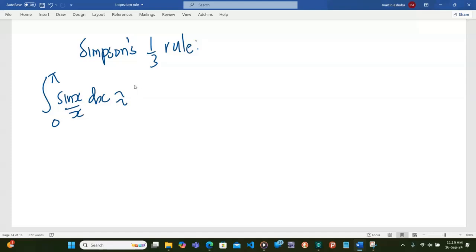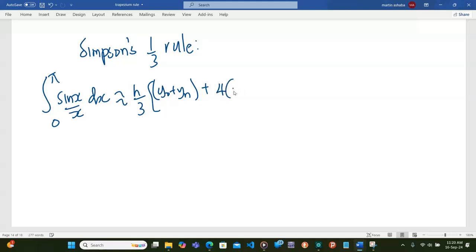So a third of h into y naught plus yn, plus, now we are going to apply the values of y in which the indices are odd. If they are odd, we multiply them by 4.